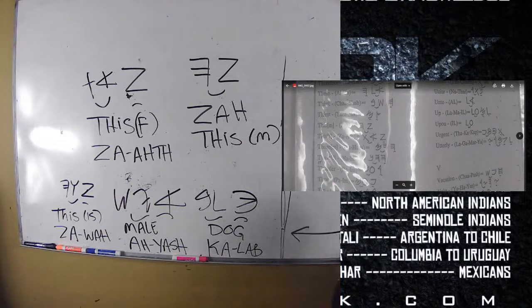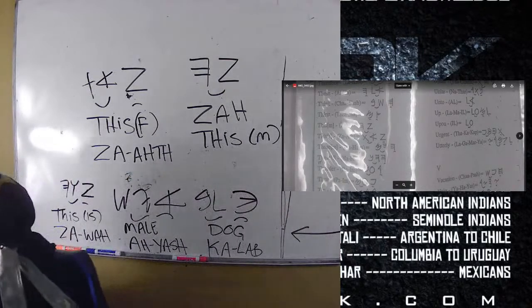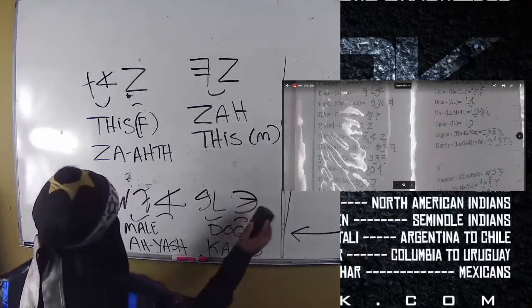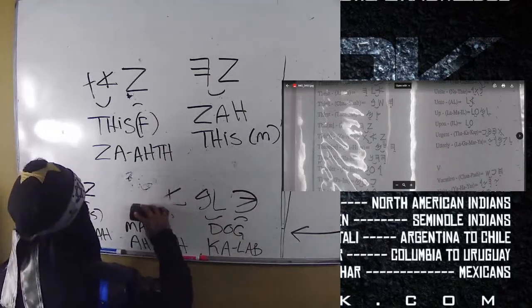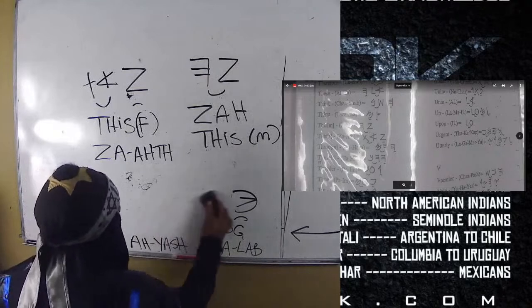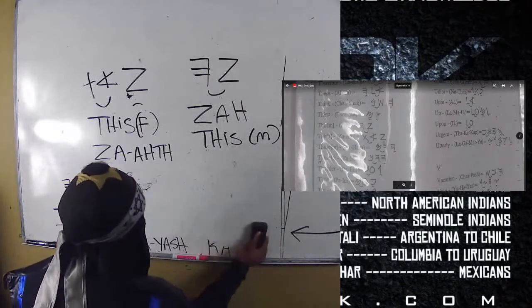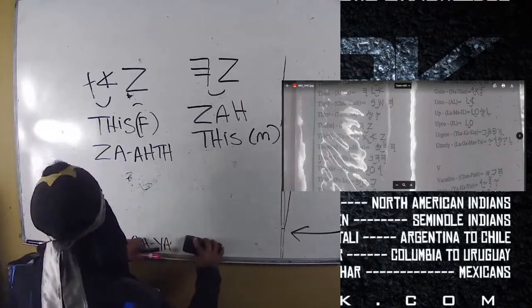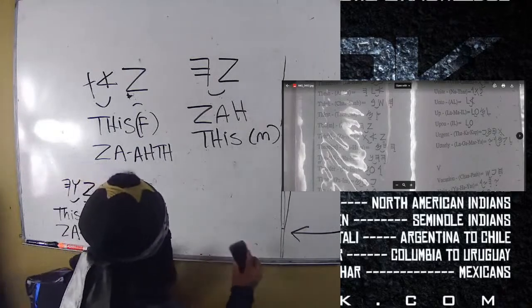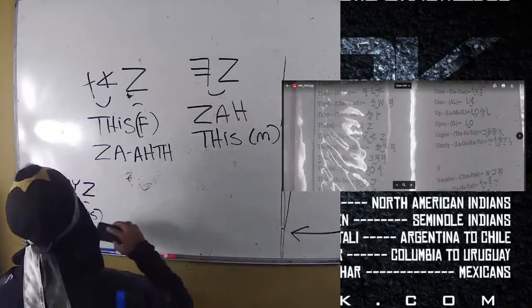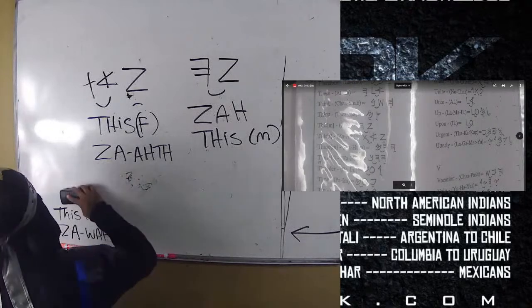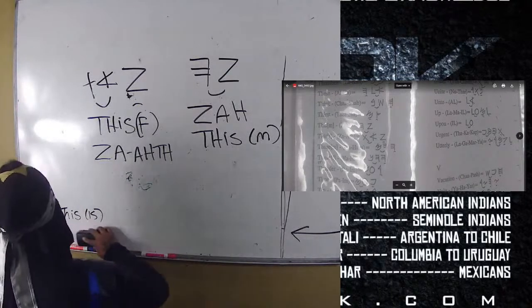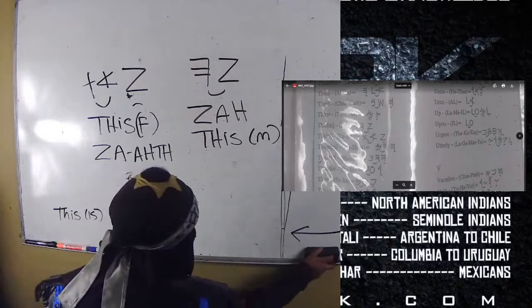Now, if I wanted to say this is a female dog. We got this is at the end, because you know that za comes at the end. Erase this. We'll leave it just like that. Boom.